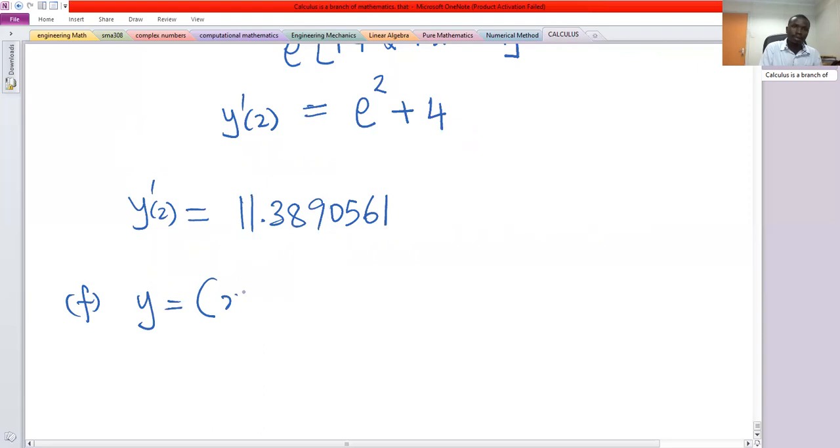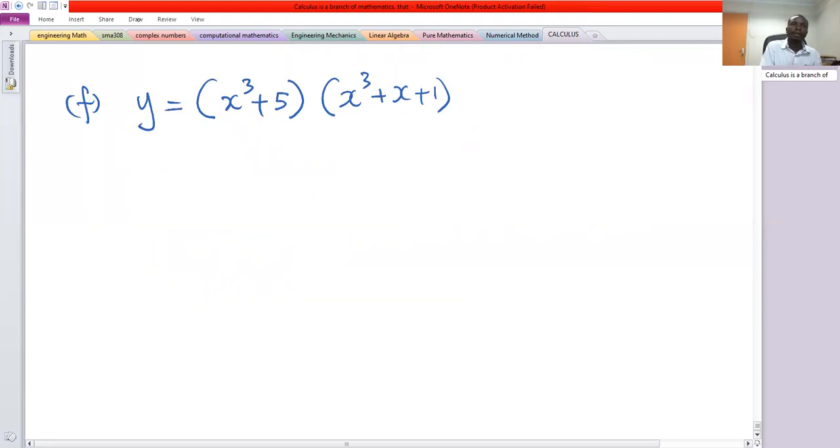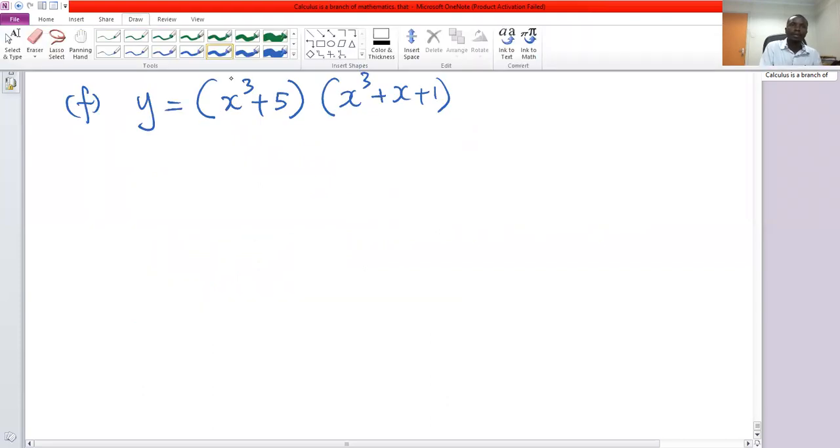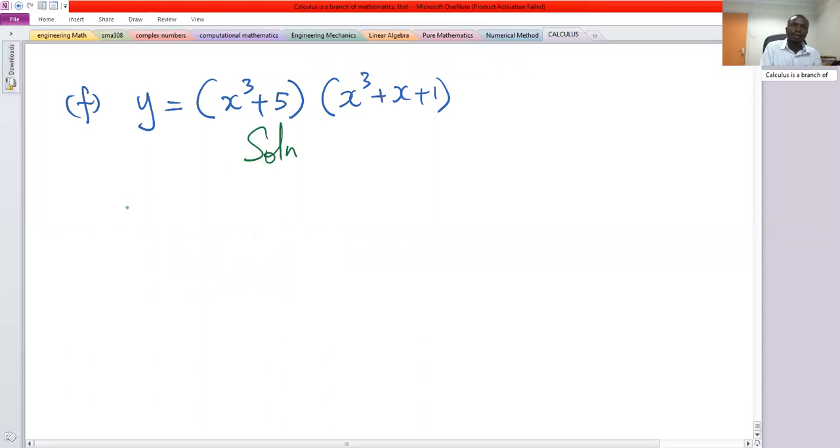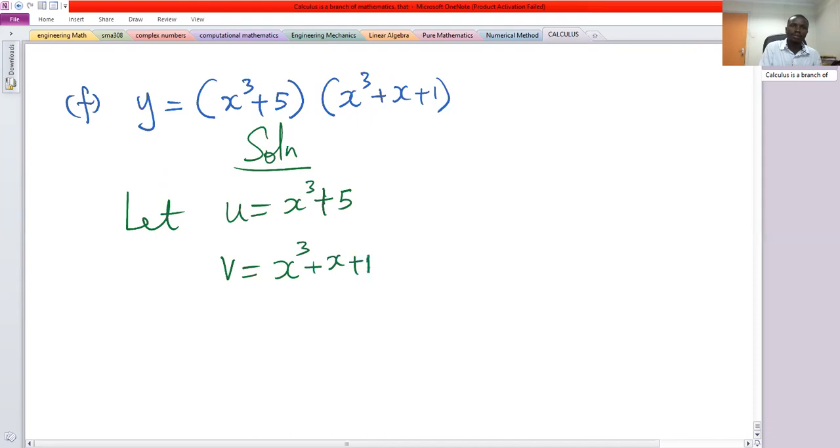equals x cubed plus 5 times x cubed plus x plus 1. Now here we let u be x cubed plus 5 and v be x cubed plus x plus 1.